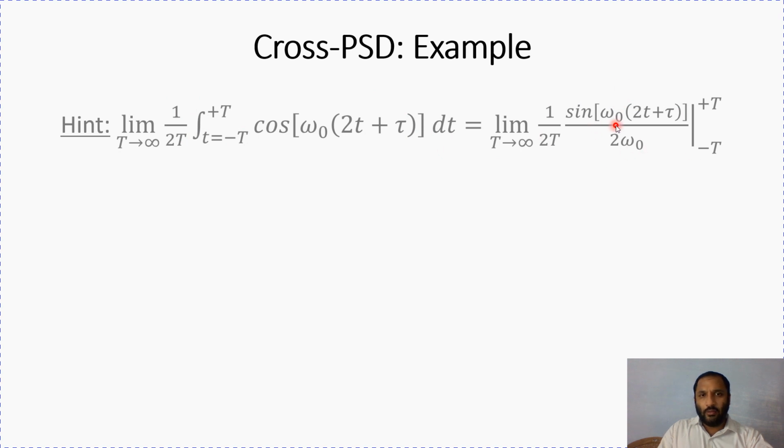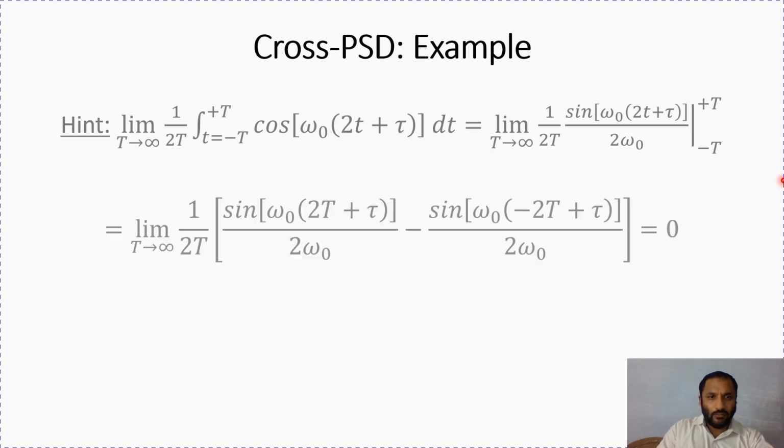Now I have sine of omega naught times 2t plus tau, divided by 2 omega naught. That is the integral of this cosine. Now substituting the limits of integration, the value of this integral is equal to the following, that is, this minus that term.